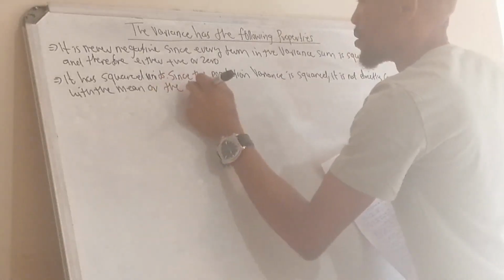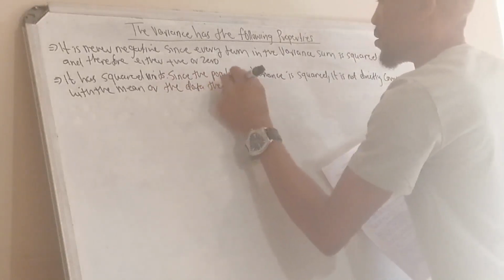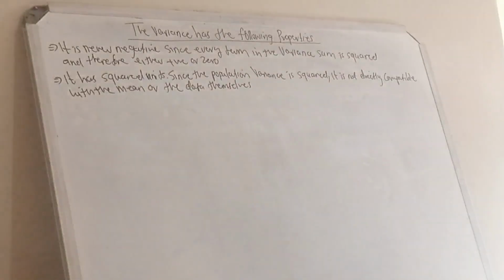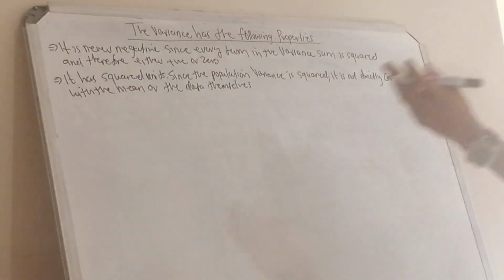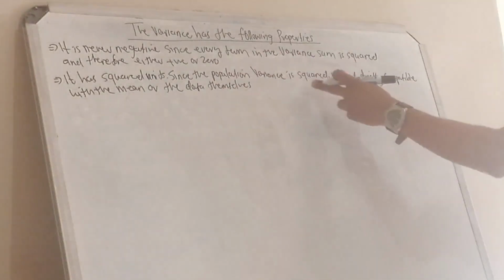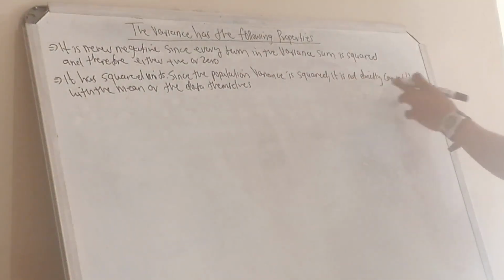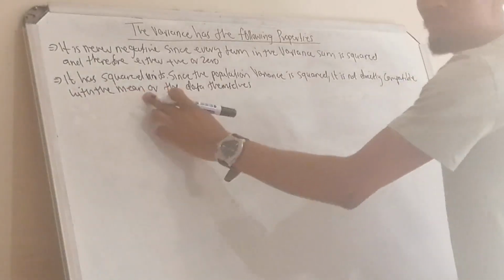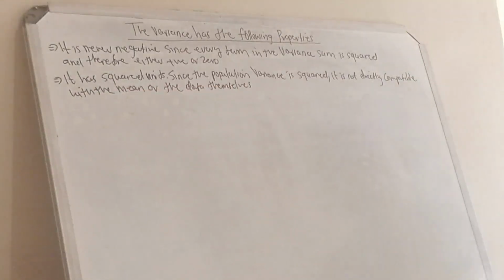Again, it has squared units. Since the population variance is squared, it is not directly compatible with the mean or the data themselves.